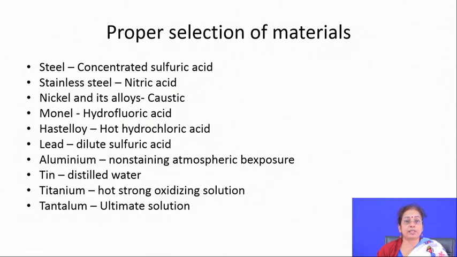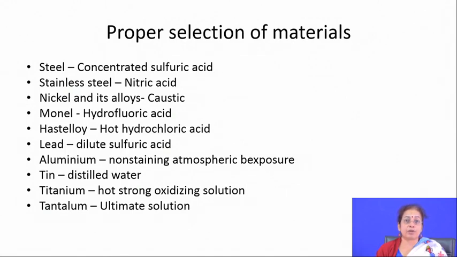So, particularly for general corrosion based problems, steel is highly safe to carry concentrated sulfuric acid, stainless steel is highly safe to carry nitric acid solution, nickel and its alloy is very safe in caustic solution, Monel is very safe in hydrochloric acid solution.